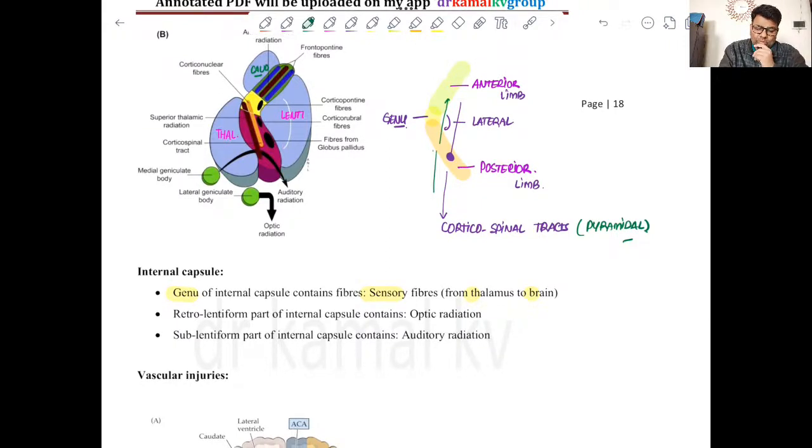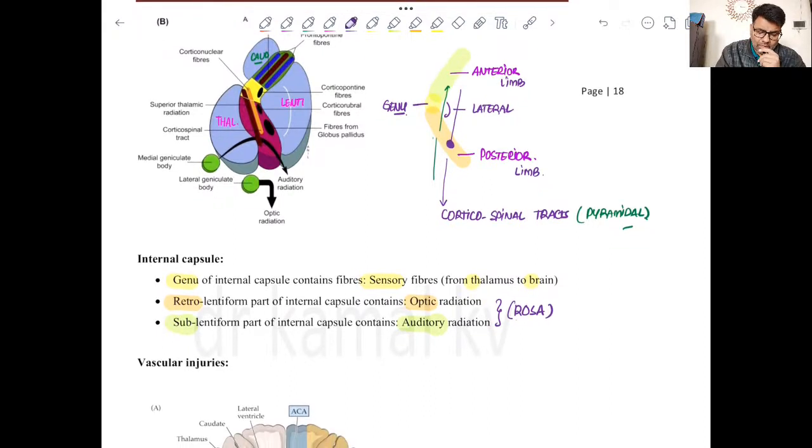And there are two more parts: retrolentiform, which is for optic radiation, and sublentiform, which is for auditory radiation. I think for lentiform, you must understand it is putamen plus globus pallidus. Now you can remember this as ROSA. Clear? So this is retrolentiform for optic and sublentiform for auditory radiation.